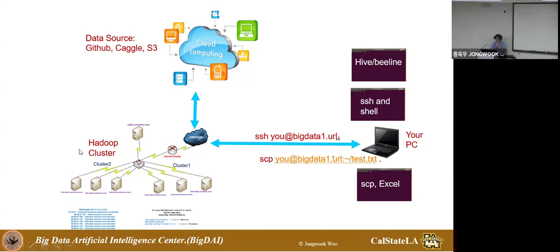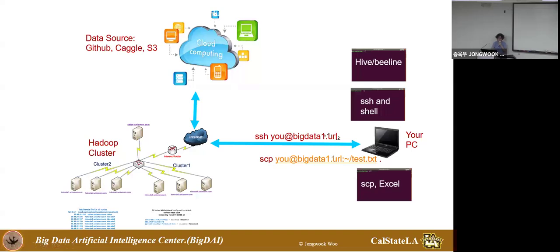This is AWS, which has our Hadoop cluster, and this is the location of your personal computer. What you did in lab 1 and what you will do in lab 2 is simply this: we have a Hadoop cluster with 3 nodes. It can have multiple nodes, but in our case, we have only 3 nodes.